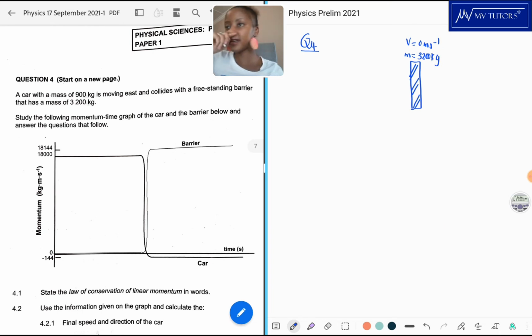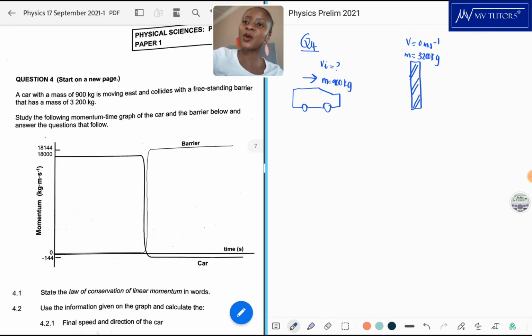And then you have a car that is moving east. Let's just say that's our car. It has a velocity, we don't know what the velocity is, but its mass is 900 kilogram.